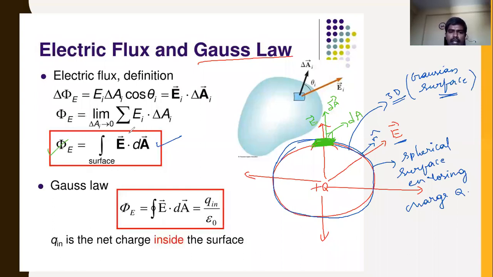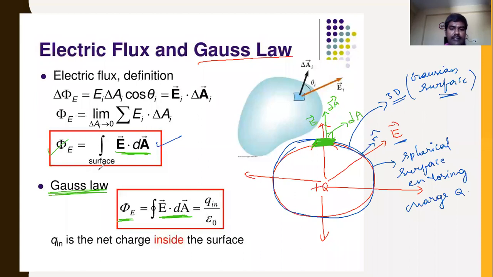Now the total electric flux, what Gauss law tells is, the total electric flux pi is the closed integration of E dot dA. So the definition of electric flux is pi, which is equal to the closed integral of E dot dA.